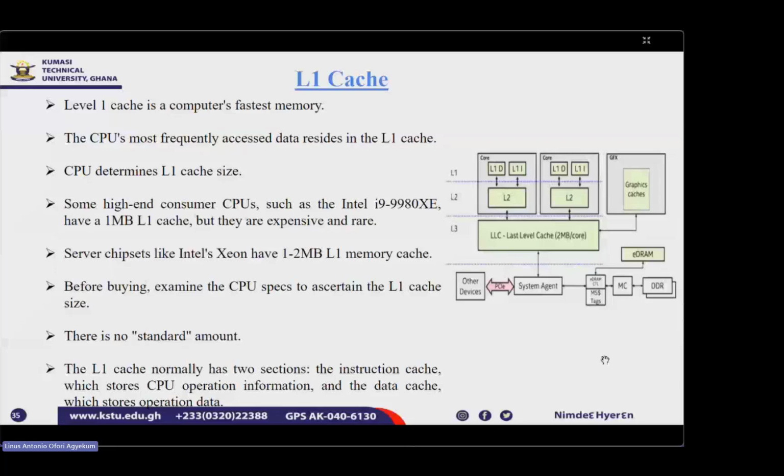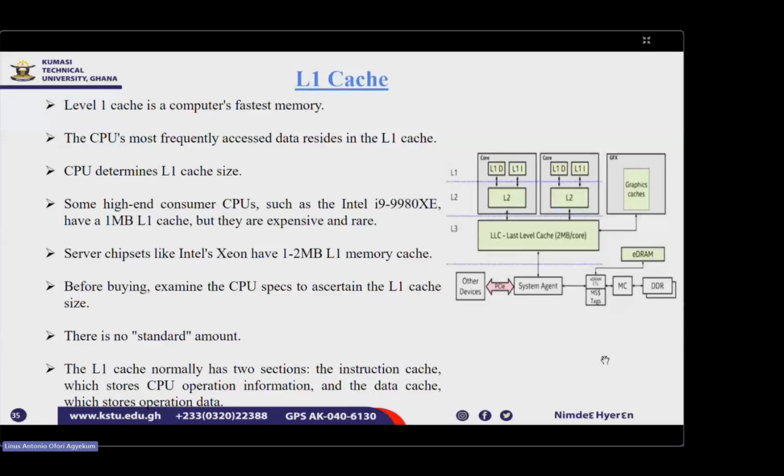So it is advisable that before you buy, you examine the CPU specifications and ascertain the L cache size. Normally, when you get to know the processor, you would have an idea of what the size of the L cache is.